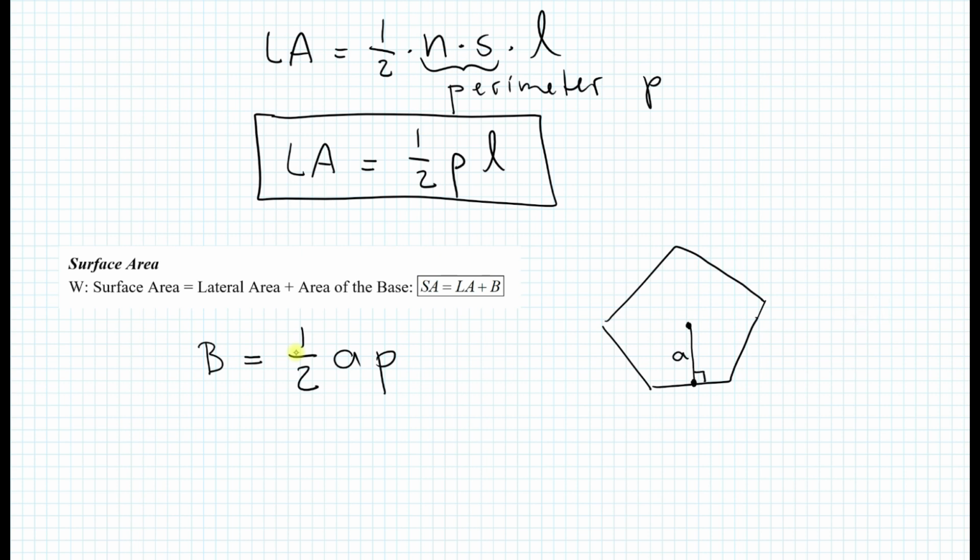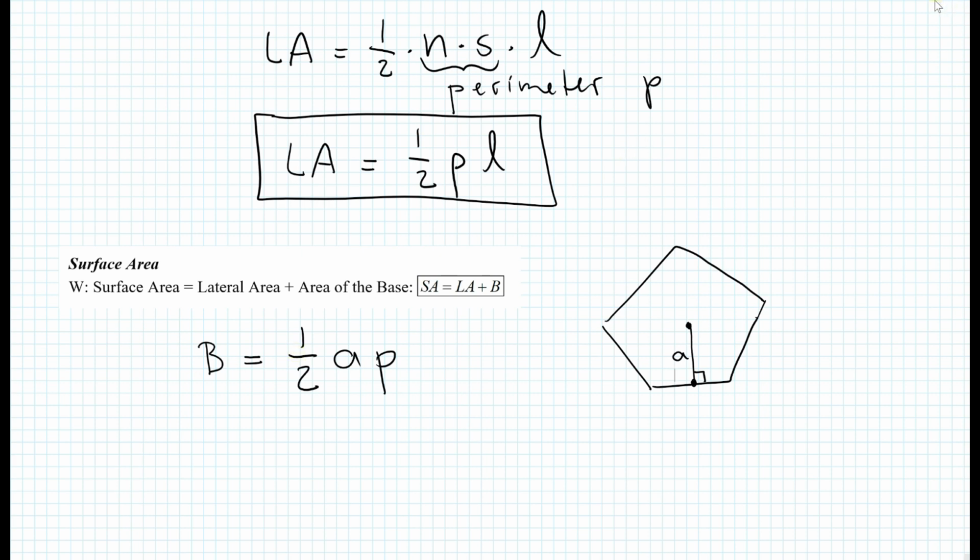So that is A. If you know the apothem and you know the perimeter, you take the product and divide it by 2, and that gives you the area of the base. It's actually very simple to find it for square bases or triangular bases, but in other cases, you might want to use trigonometric functions as well.